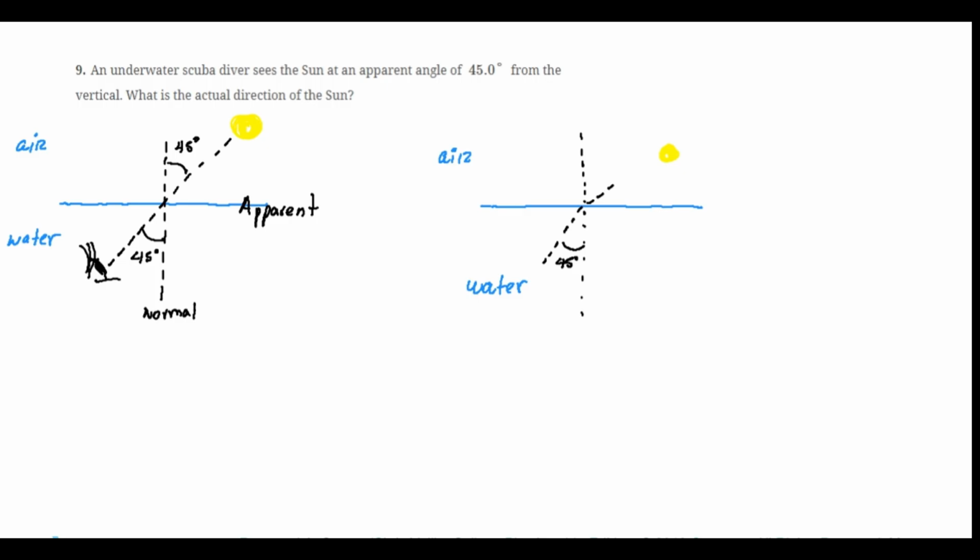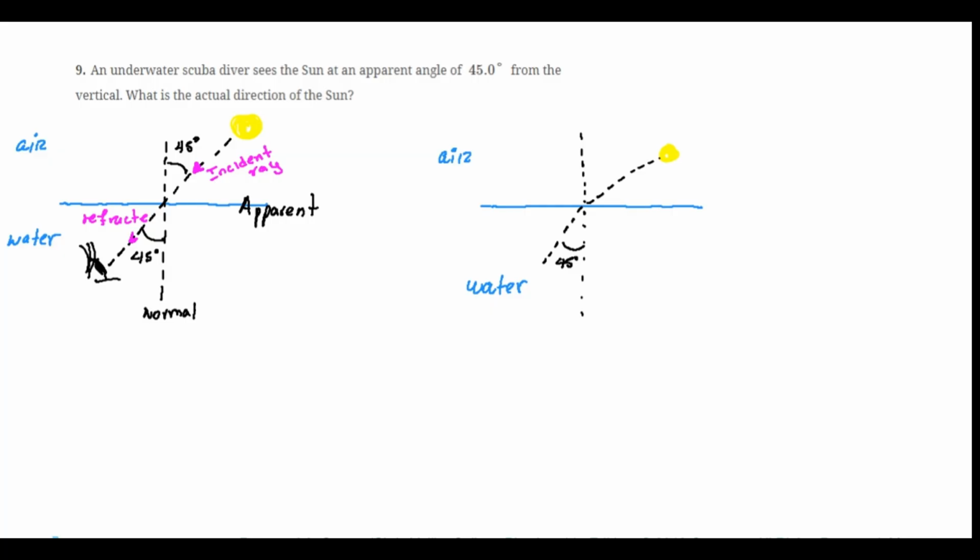So we can say, okay, this is my incident ray. This is what the scuba diver sees, right? And this is now my refracted ray. And this is the sun at 45 degrees.